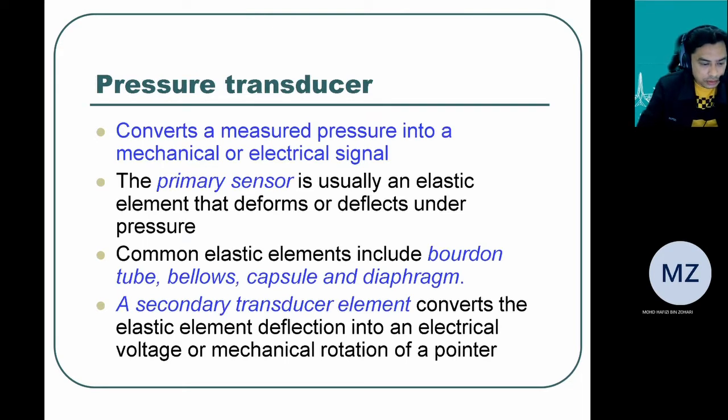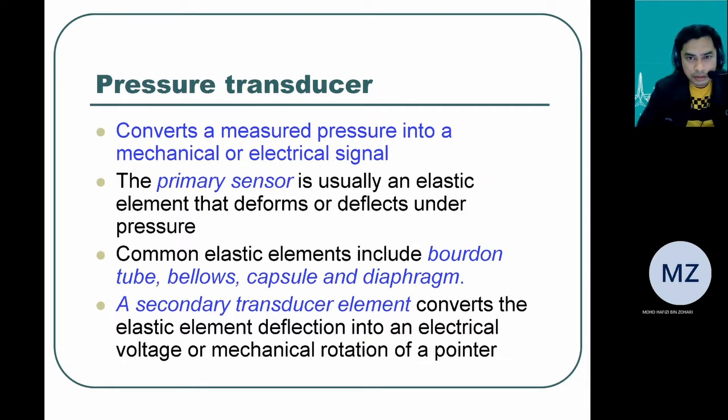A pressure transducer actually functions to convert pressure into a mechanical signal or electrical signal. For this case, we have two kinds of sensors, primary sensor and secondary sensor. What is a primary sensor and a secondary sensor? In detail, you better visit the earlier topic under the fundamentals of measurement and instrumentation.